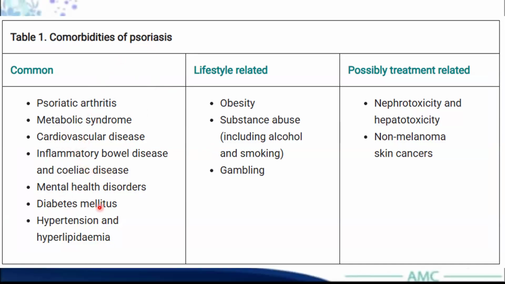It can even affect the mental health, right? Diabetes, hypertension, and then they can end up with obesity. And due to the persistent psoriasis, they go into depression, right? And they go into substance abuse, gambling, right? So with chronic treatment, it can affect the kidneys and the liver, right?